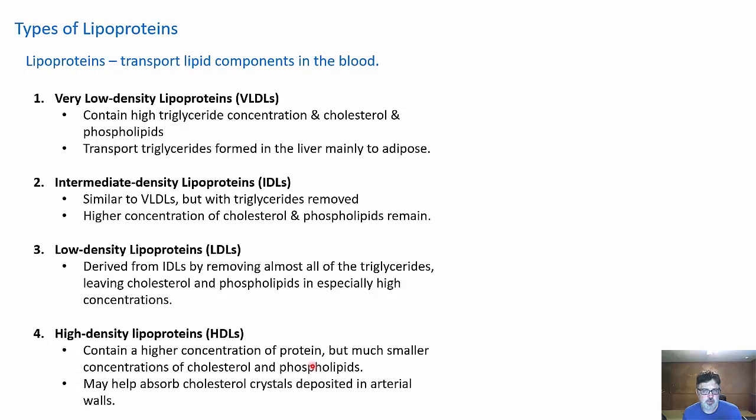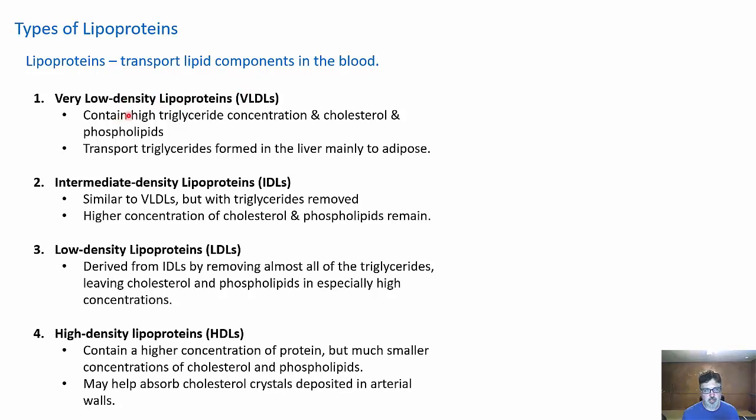So it's a good time to mention the different types of lipoproteins. We talked a little bit about LDLs and VLDLs, and we should understand what they really are and what they really mean. These are the different types of lipoproteins that are responsible for transporting the lipid components in the blood. So a big guy right here is what we call the VLDLs, very low density lipoproteins.